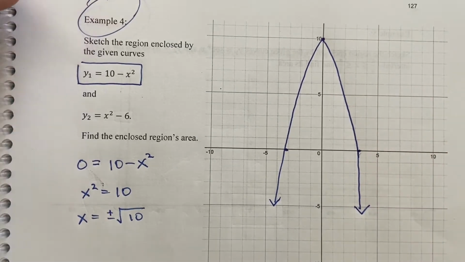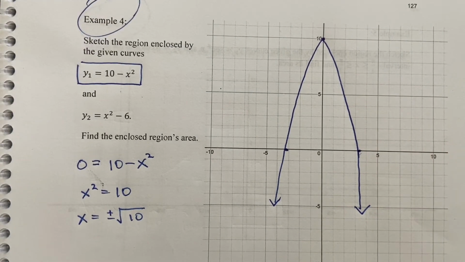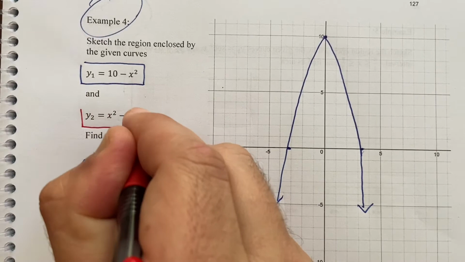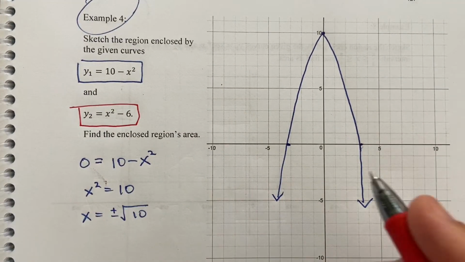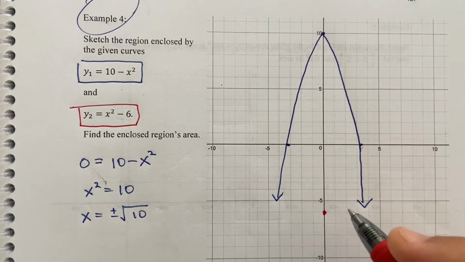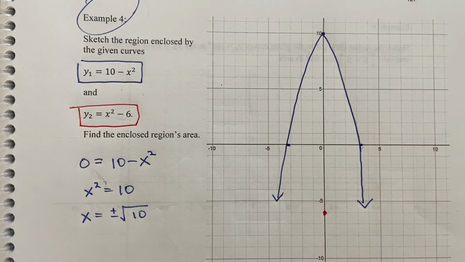Beautiful. Okay, then the other one, maybe in red. So this one, it looks like it has a negative 6 y-intercept. And then kind of similar thinking, the square root of 6 will naturally occur as x-intercepts, right?